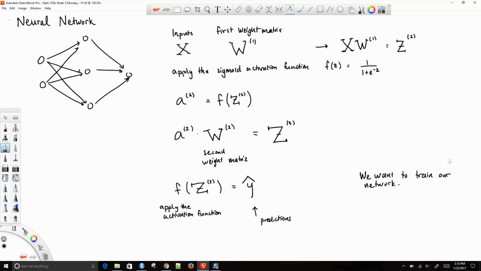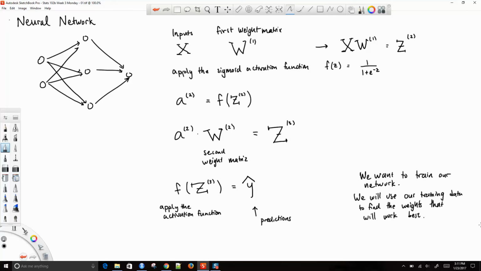We want to train our network, so we will use our training data to find the weights that will work best.